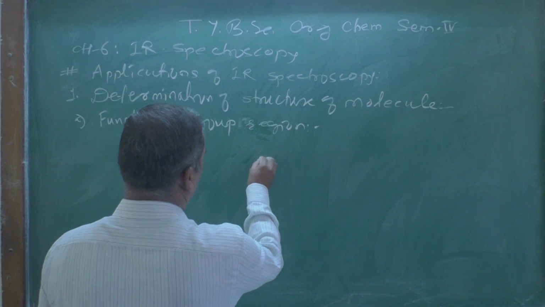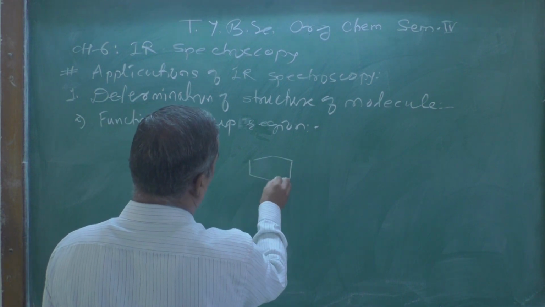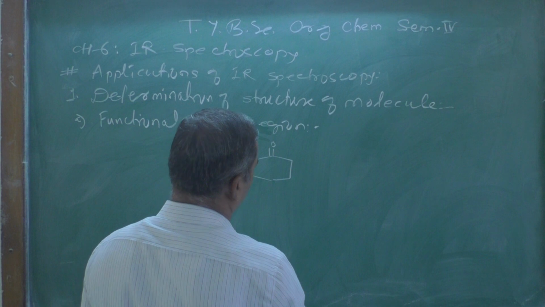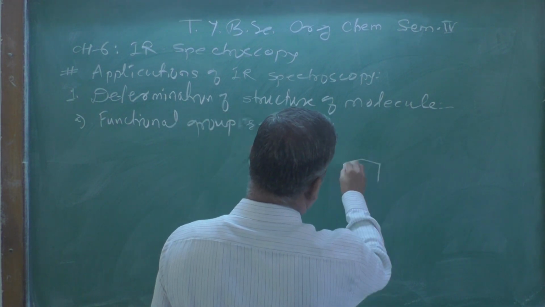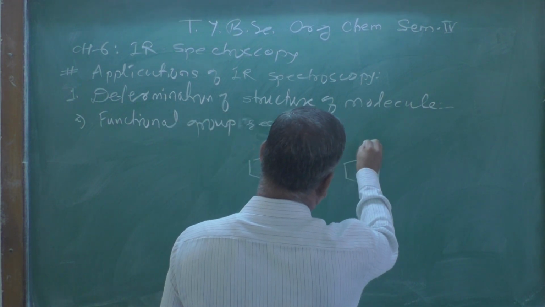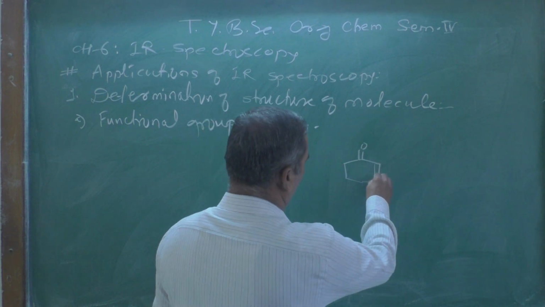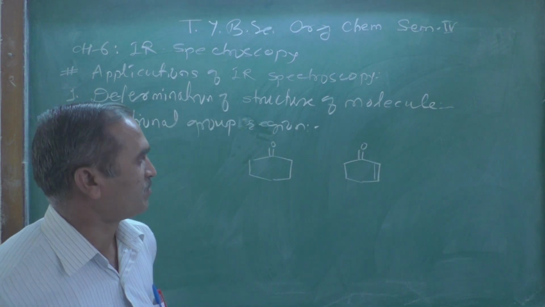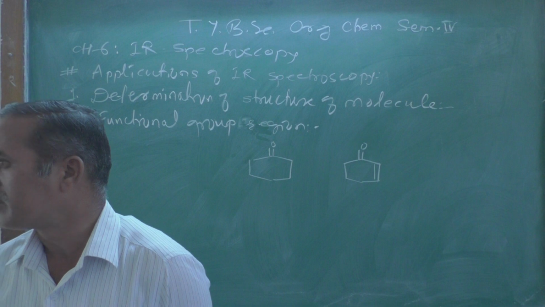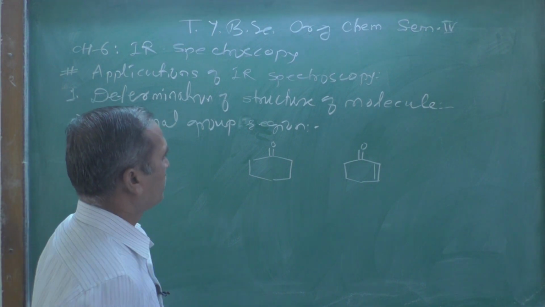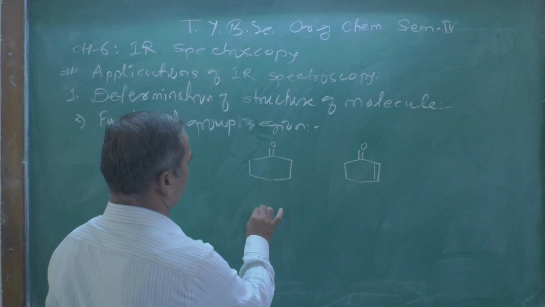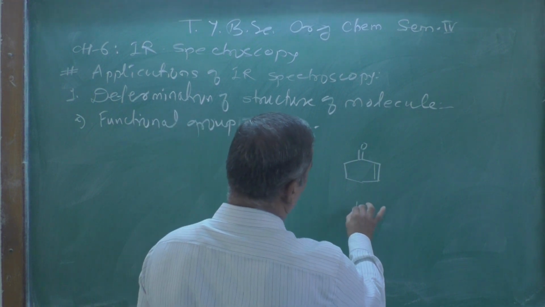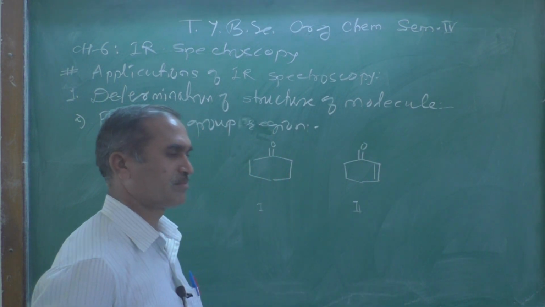Let's say here we have this compound, and another compound is this one. This is structure number one and this will be structure number two.